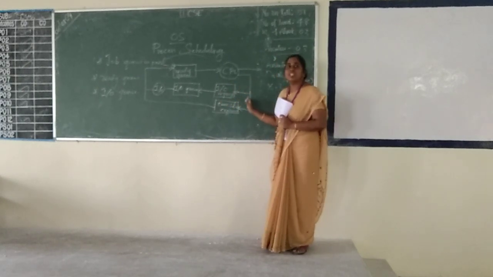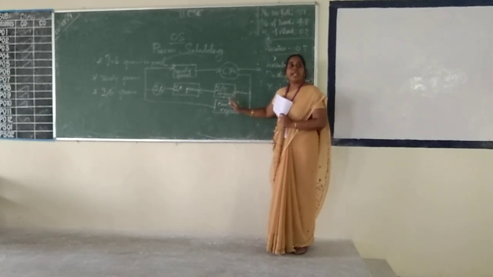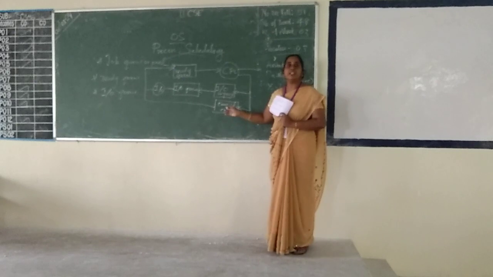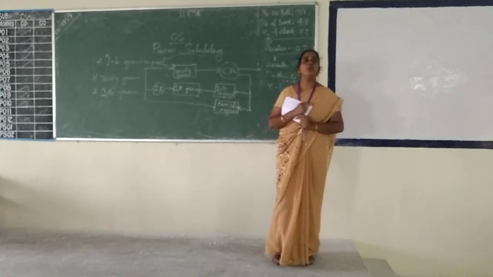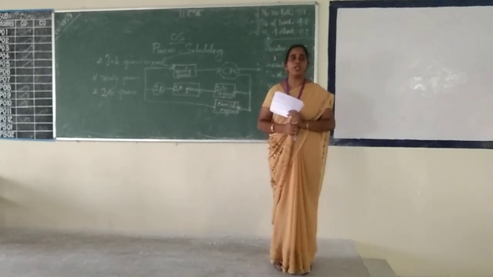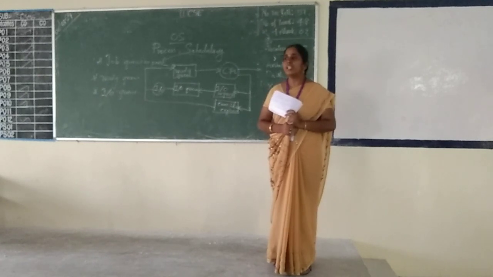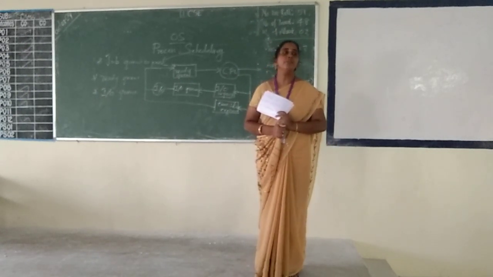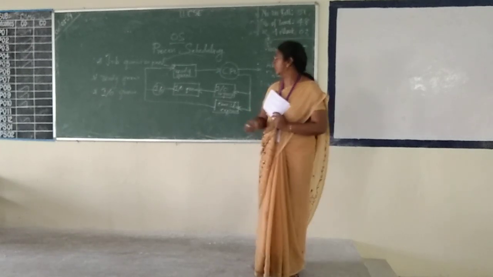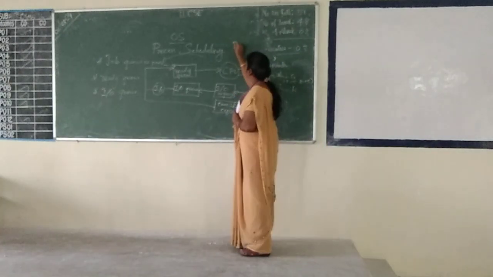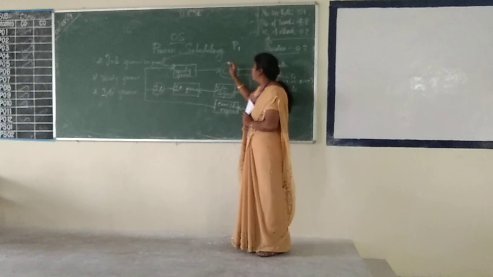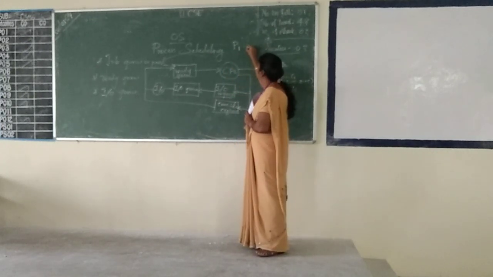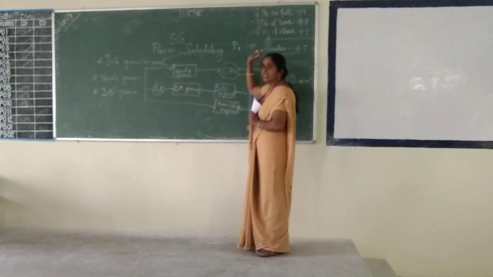Suppose the process expires its time slice. When we use the round robin scheduling algorithm, each and every process is allocated some time duration. That is, process P1 will execute within the CPU for 50 milliseconds.